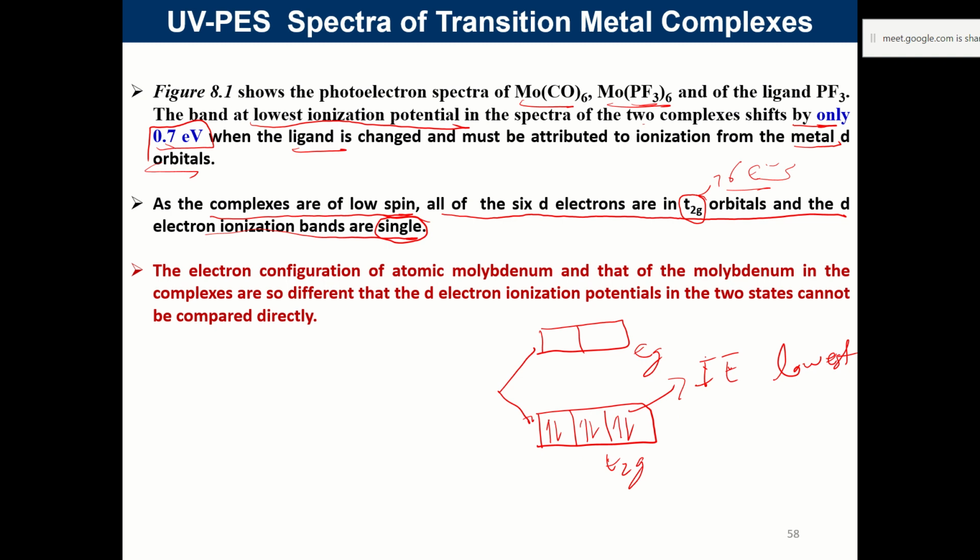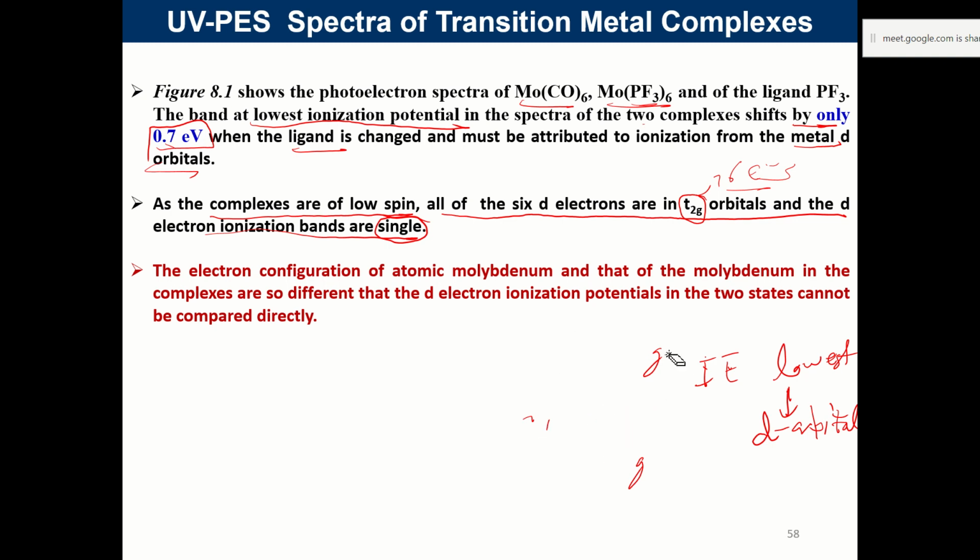So you are ionizing the electron, taking the electron completely away from the metal. So this is the lowest ionization. What we see at around 8 to 10 electron volts, that is the lowest ionization energy, is for the d orbitals, and a single band will appear. There is nothing in Eg, so for d you will get only one band. So this is the one thing that we observed, and it was in the previous graph. Then what next? What other things have you just observed?